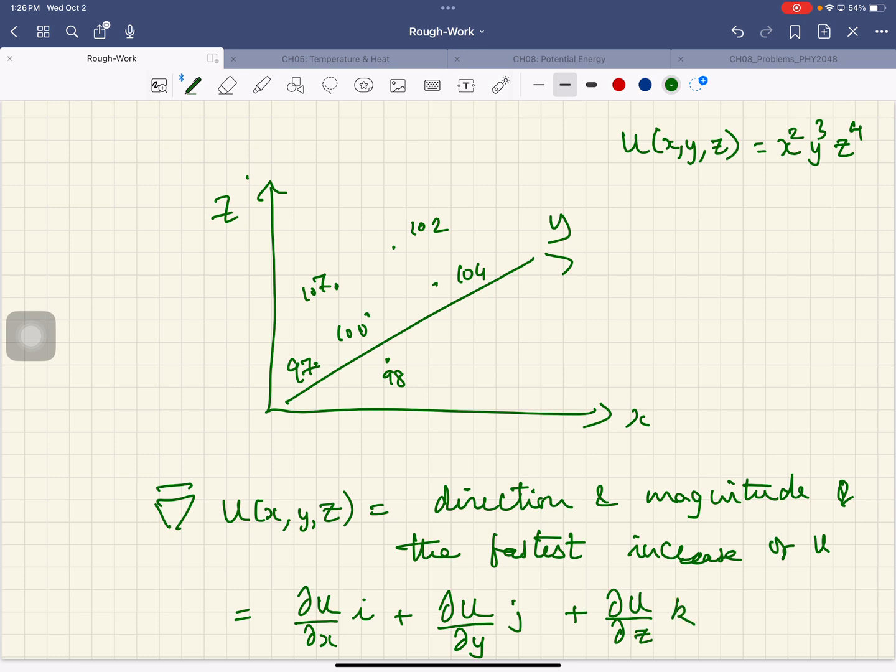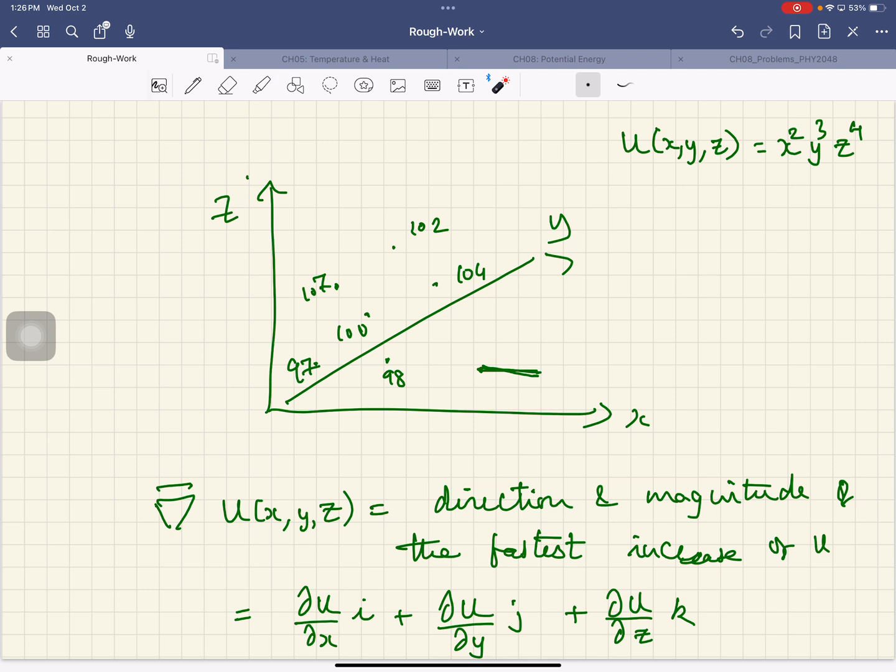What does del u by del x mean? If you want to evaluate del u by del x at a given location, how is u changing if you're moving along the x-axis? For unit distance moved parallel to the x-axis, how much did u change? Is it constant? Well, no, I will show you it's not constant.